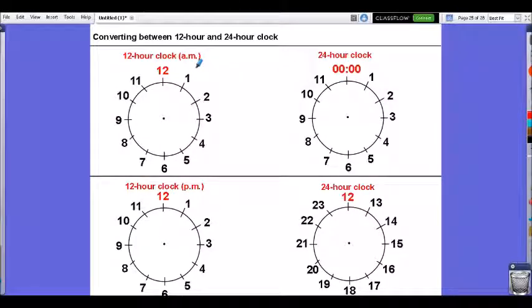So 1 AM stays 1, 2 AM stays 2, 3 AM stays 3, and 10 AM stays 10 in the 24-hour clock.